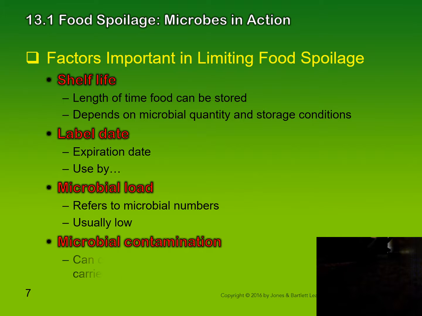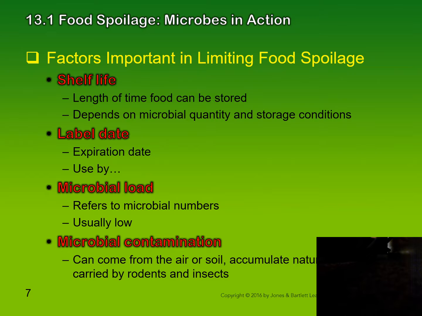Microbial contamination simply means that we can get microbes from air or soil, and these are going to be things that occur naturally. But also, when you have things like rodents or insects, those can bring in more microbes.